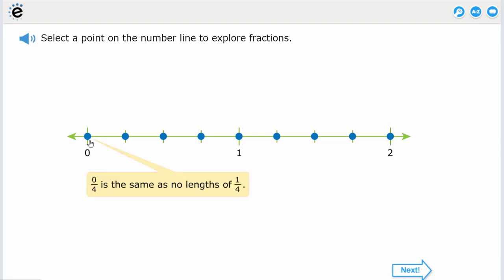0/4 is the same as no lengths of 1/4. 1/4 is the same as 1 length of 1/4. 2/4 is the same as 2 lengths of 1/4. Muhammad Al-Ghafli, can you continue with me?